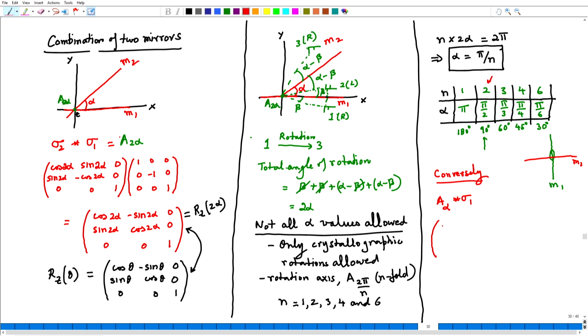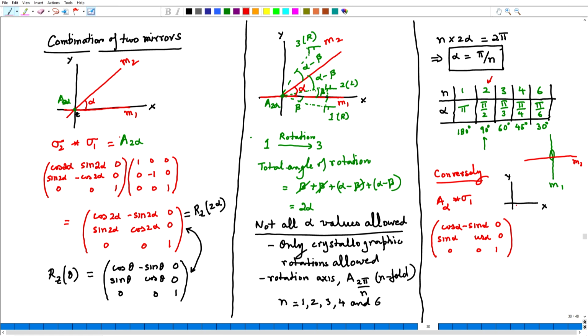So, I have cos alpha, minus sin alpha, 0; sin alpha, cos alpha, 0; and 0, 0, 1.